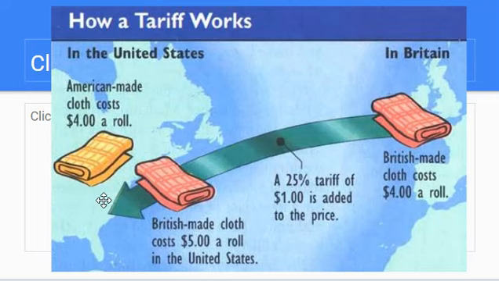And what will happen now, if you live in the United States, are you gonna buy the $4 roll? Or are you going to buy the $5 roll? Most people are going to buy the $4 roll. And this helps American companies because you're buying the American product. Whereas if everybody bought the British product, the American company would go out of business and then there'd be no jobs.